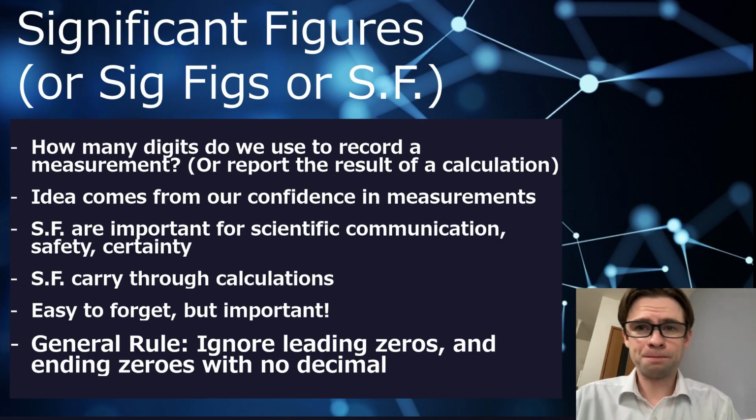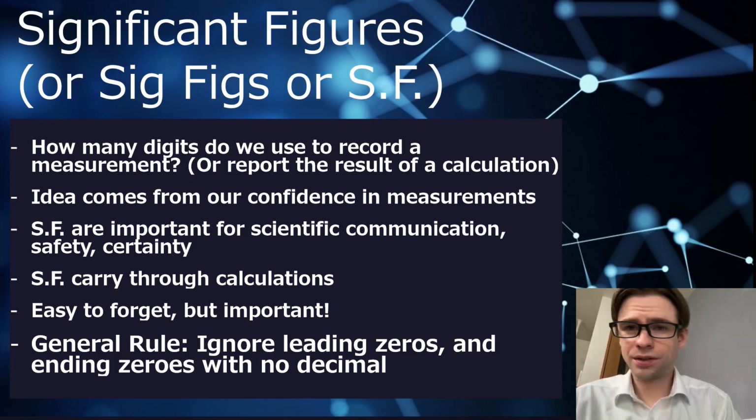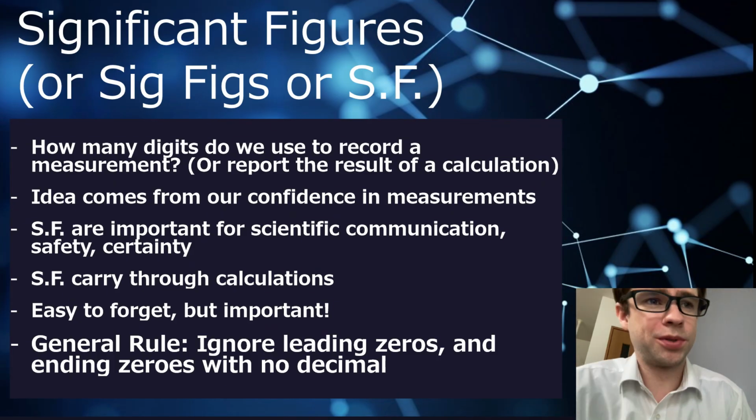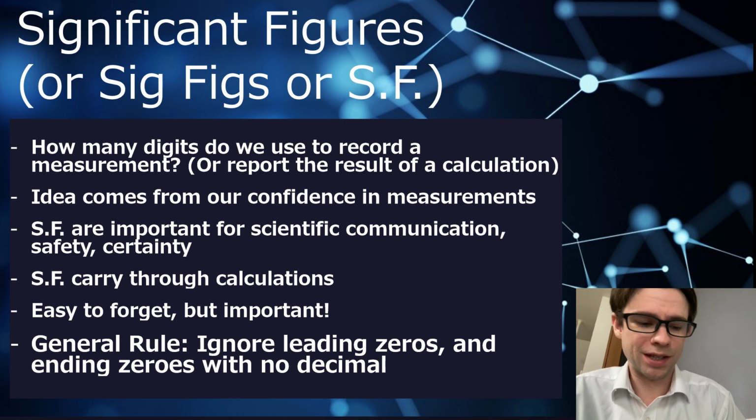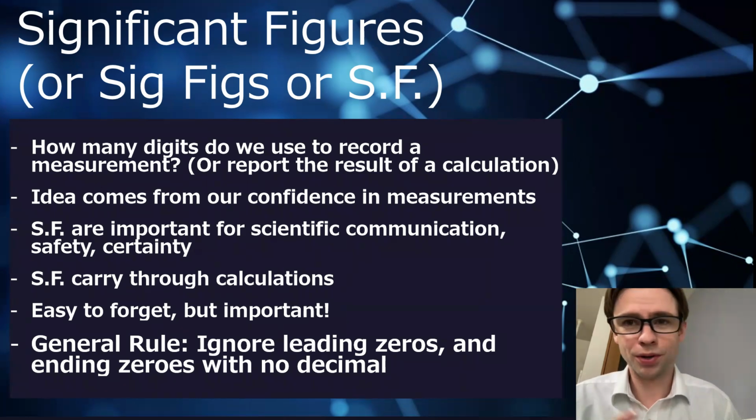Zeros before that are insignificant. Don't really worry about them. And ending zeros with no decimal are insignificant. So this would be something like 1,000. The 3 zeros in 1,000 are insignificant. They don't tell you about the precision of a measurement that was made from someone who reports the number 1,000.